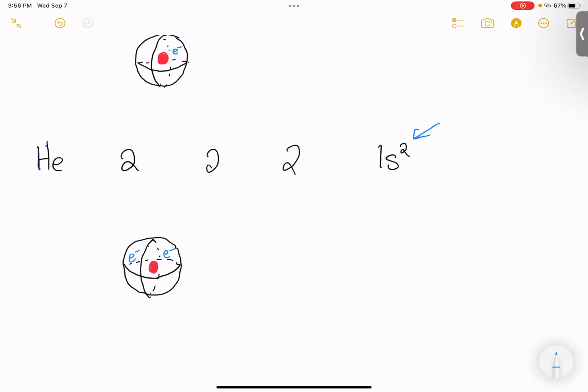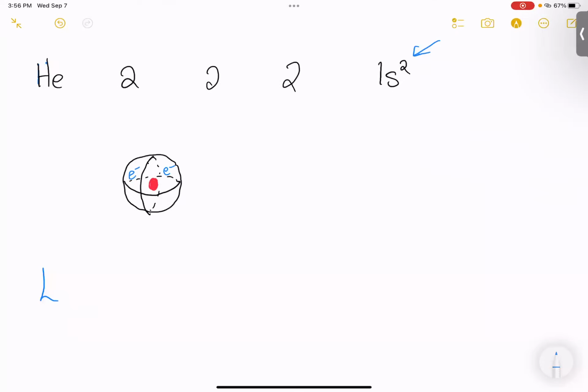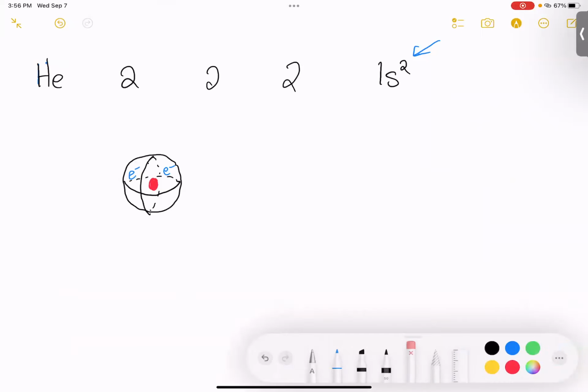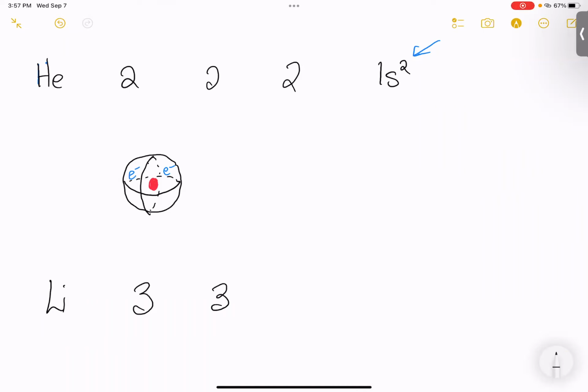Let's move on to lithium. Lithium is atomic number 3, so it has 3 protons and 3 electrons. Folks, you still have to start here at the top of the periodic table with the first row. So our N is 1, so we have 1s.